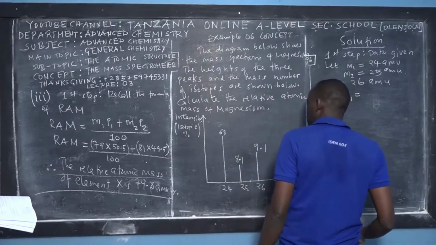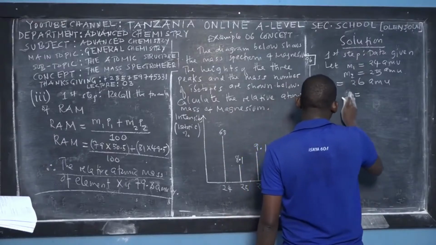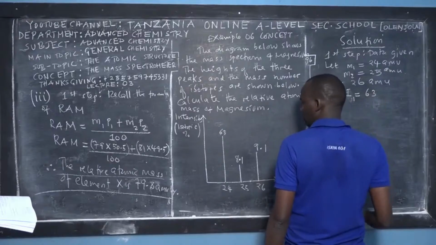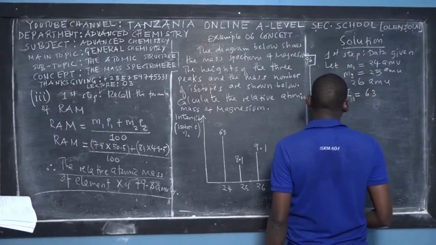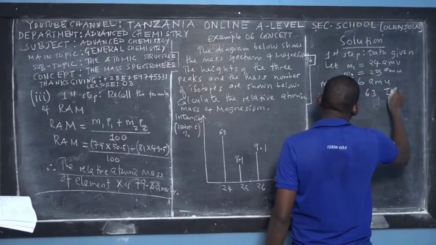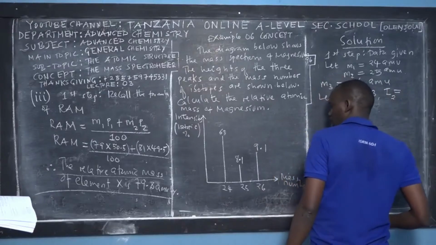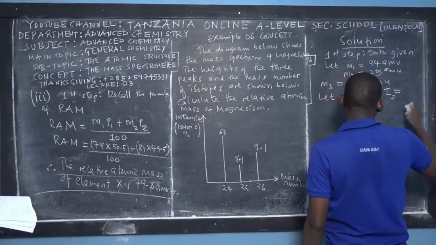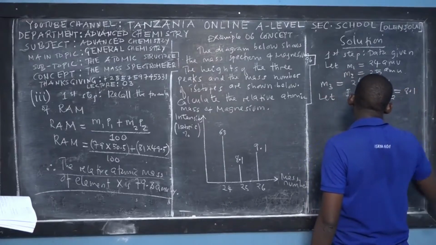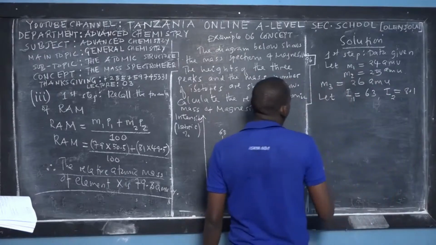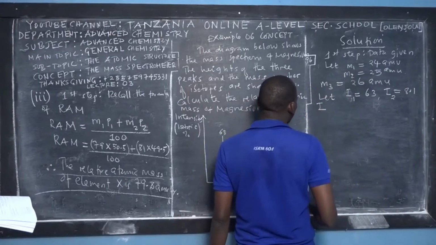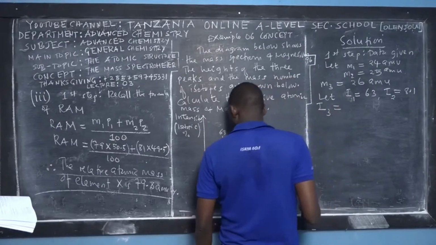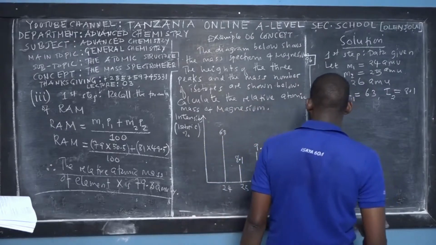Intensity 1 is equal to 63, intensity 2 is equal to 8.1, and intensity 3.